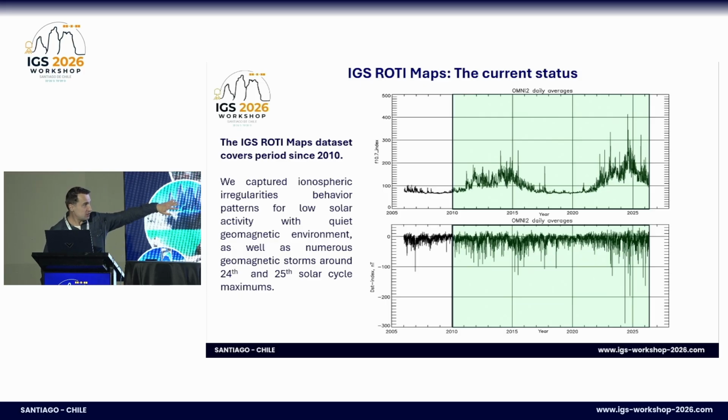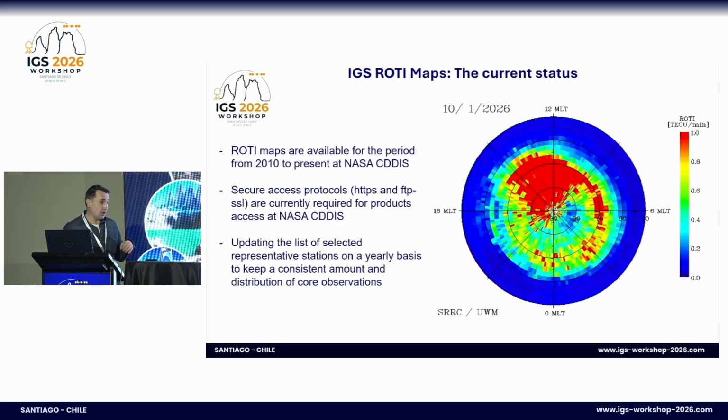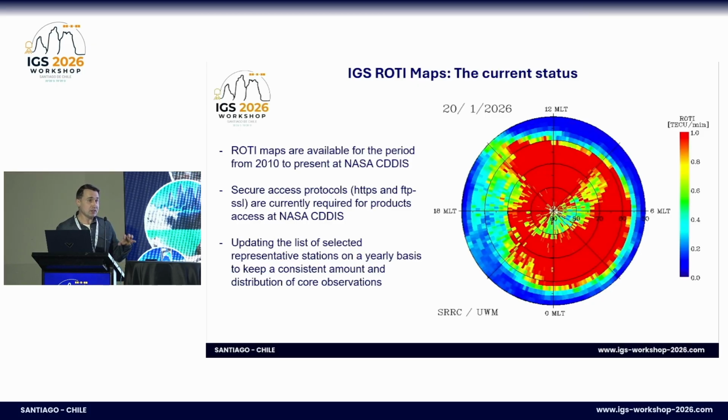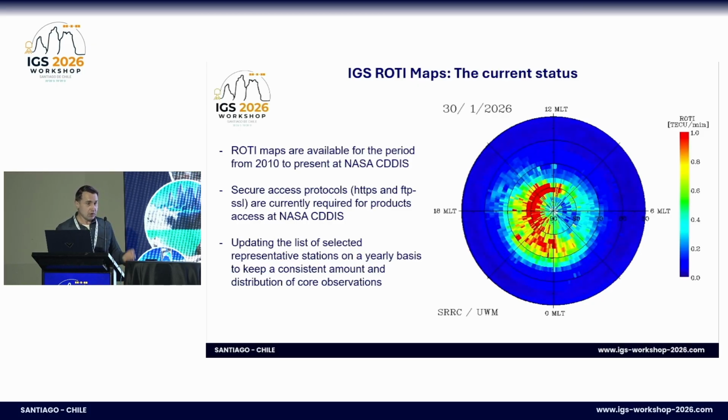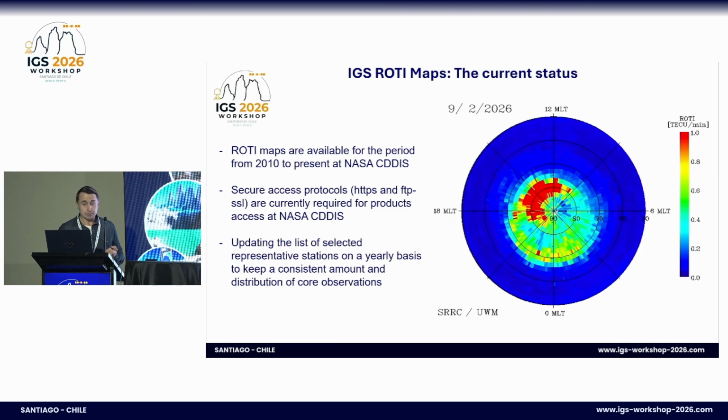Interestingly, the current solar cycle, cycle 25, is stronger than the previous one, and we have a lot of geomagnetic storms with very high magnitude, where we use these maps for preliminary analysis of the atmospheric response to geomagnetic storms.